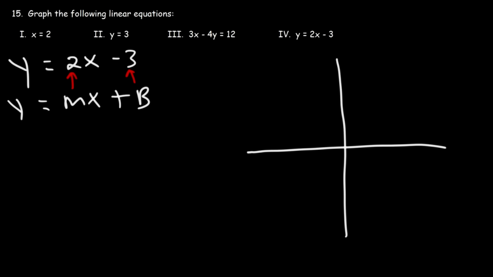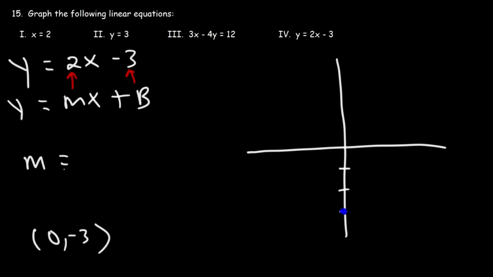The first thing I like to do is start with the y-intercept, which is negative 3. Now, all we need in order to graph a linear equation is 2 points. We already have the first one, which is the y-intercept, 0, negative 3. We could use the slope to get the next one.